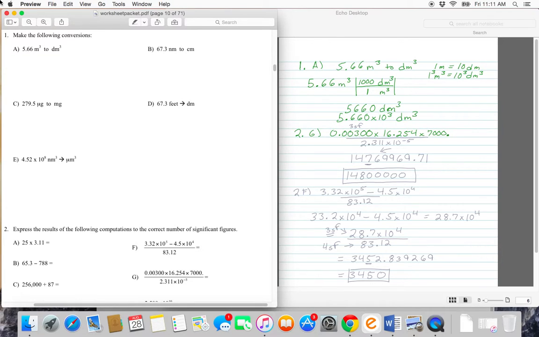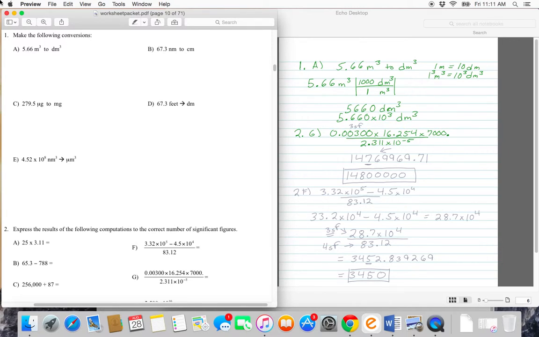And that's all divided by 2.311 times 10 to the negative 5. Okay, now we have our problem. There is a period here. I did not see that. 7,000 with that decimal.